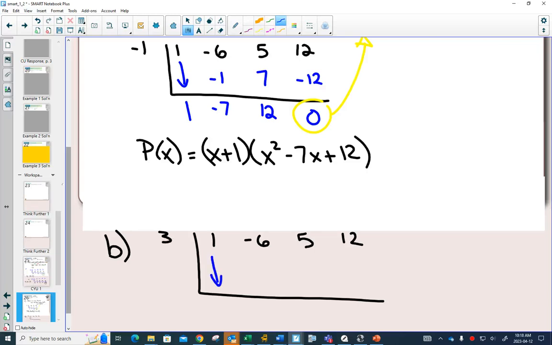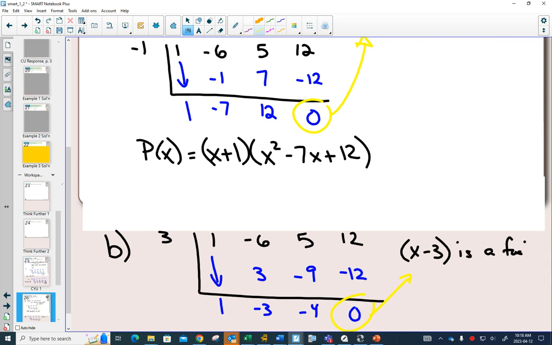Bring down my first number, 1, multiply, add, multiply, add, multiply, add. And once again, we get a remainder of 0. That tells us that x minus 3 is a factor.